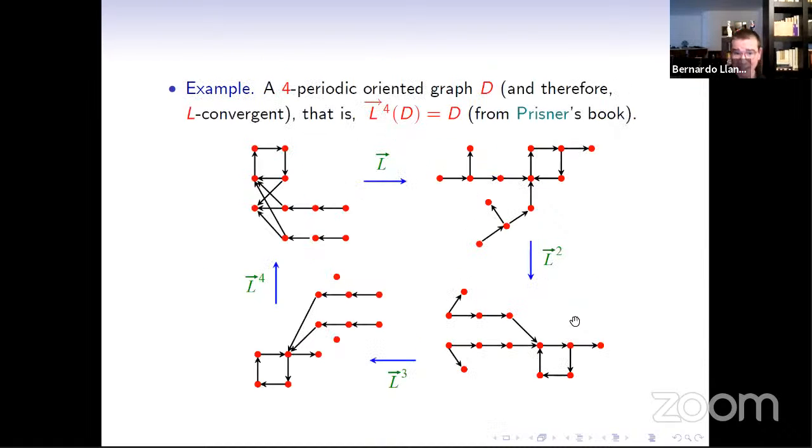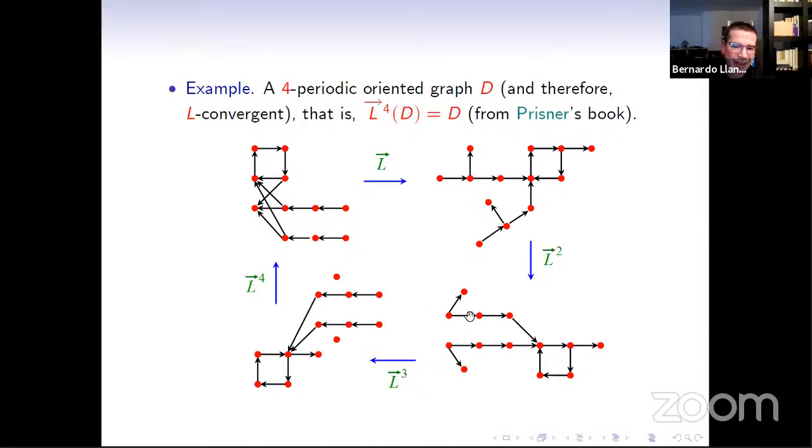And here I put an example from Prisner's book. It's a very nice example of a 4-periodic oriented graph. I begin with this digraph, and then I put all the steps, and in the fourth one you have the same. This is a 4-periodic oriented graph. Here I'm cheating, because you look at these two isolated vertices in this step.